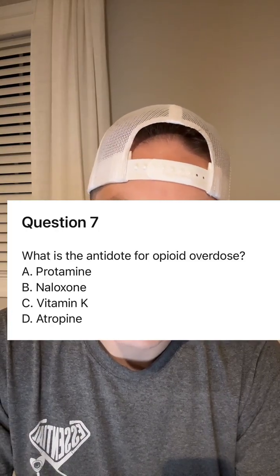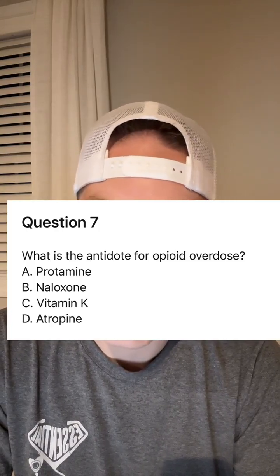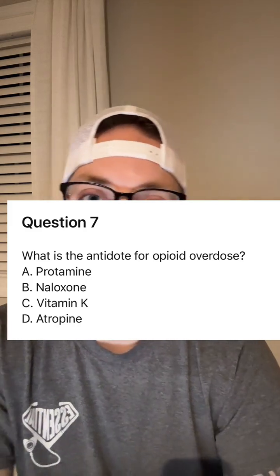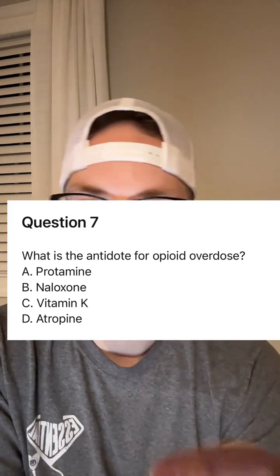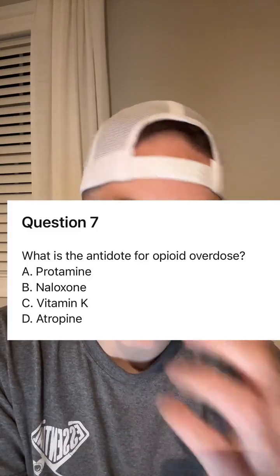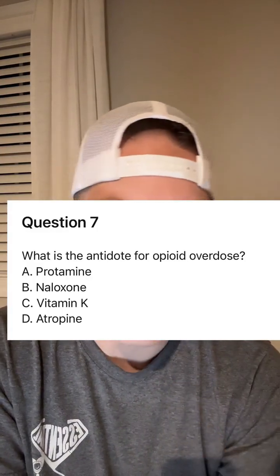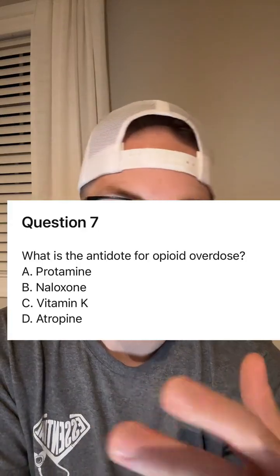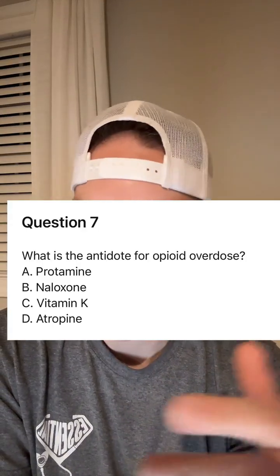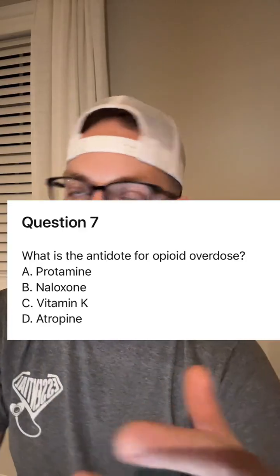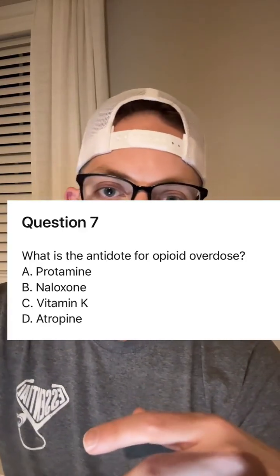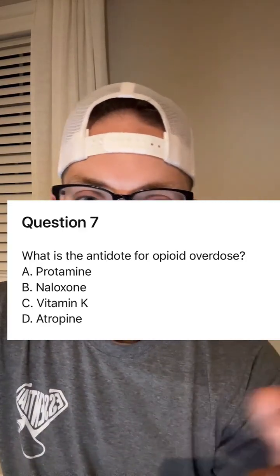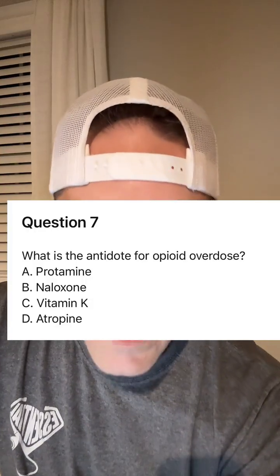Vitamin K is for your coagulation, not for opioids. Think people coming in with an overdose of heroin or fentanyl, or over-sedating. You accidentally gave too much morphine to a client who's already sleepy, and you knock them out.